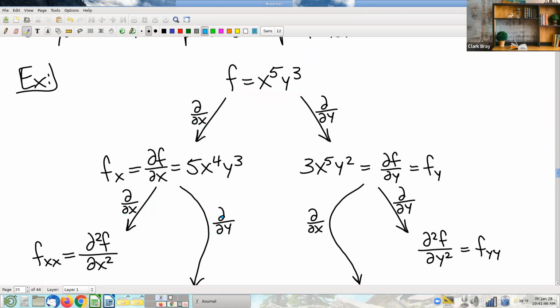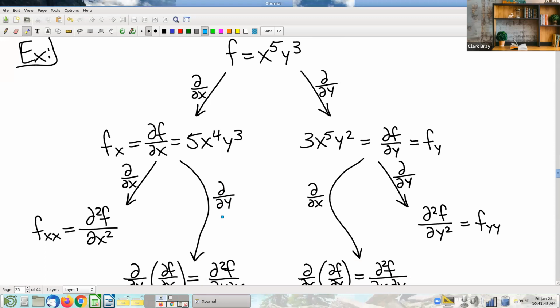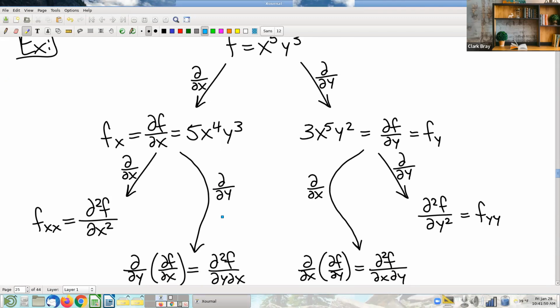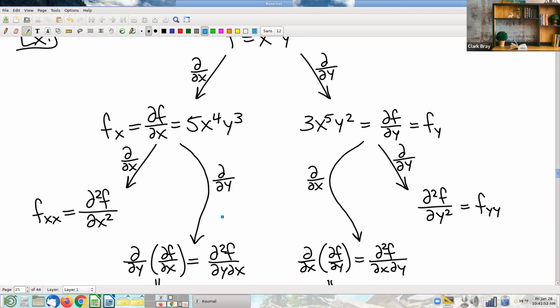Okay. First, I want to talk about notation. The notation is clunky, but having taken a partial with respect to x that we denote like this, the action of taking its y partial, we represent like that.